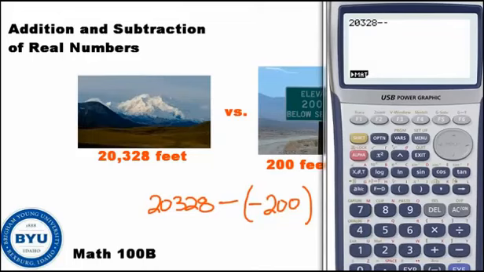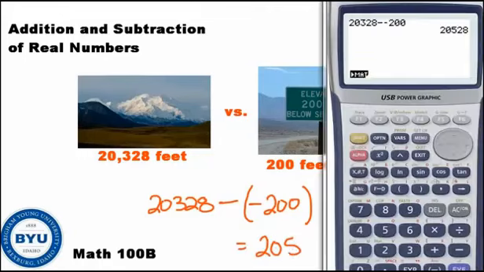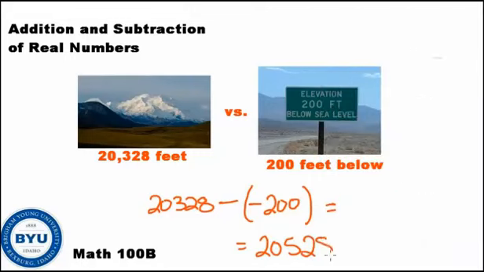We would do minus a negative 200. This also often happens in temperature because you can have temperatures that are above zero and temperatures that are negative. And there's other examples in the real world where this appears. And so for this answer, we would say that the difference in altitude is 20,528.